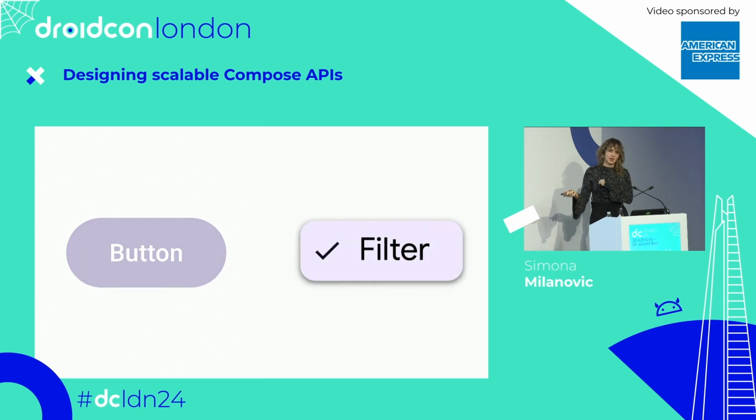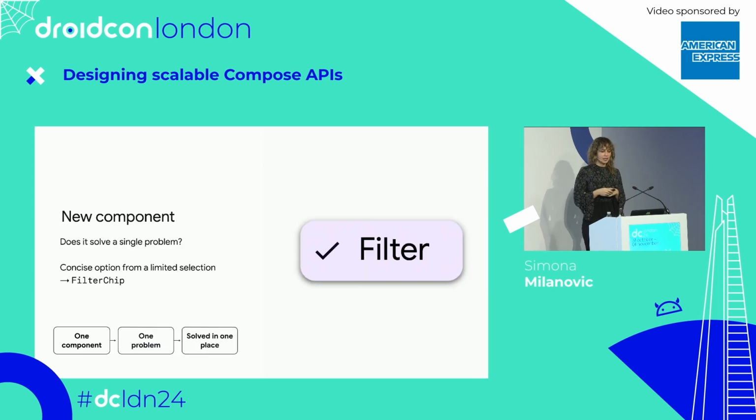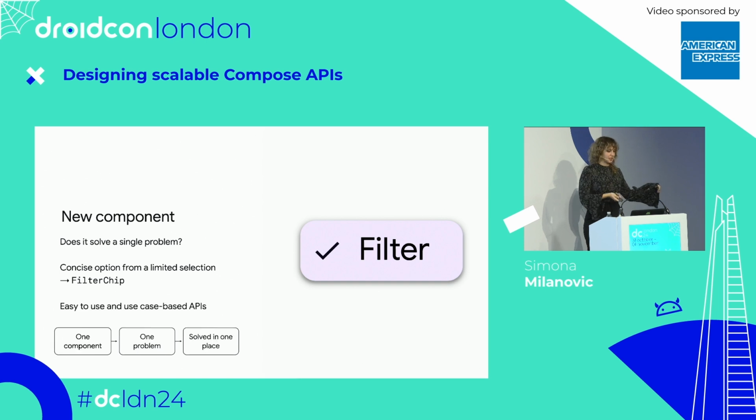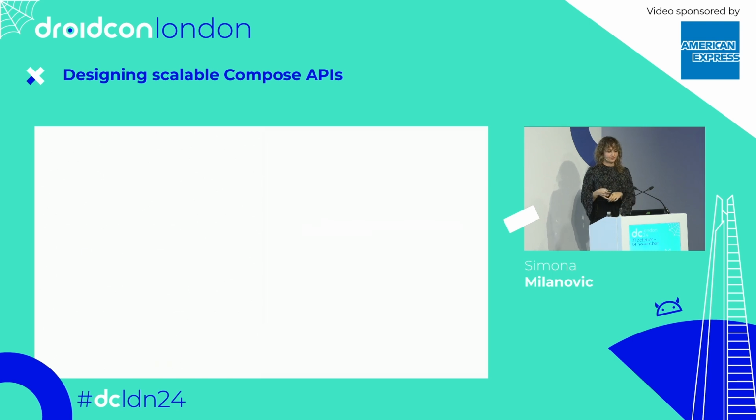While chips are made to be dynamic and appear as more interactive elements, enhancing the overall experience and encouraging interaction. So splitting the chips and the buttons into 2 separate components actually follows this rule, which is one component, one problem, solved in one place. This ensures that the API is use case based, making it easy and clear to use.